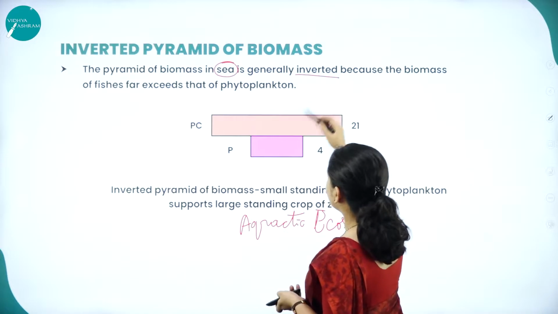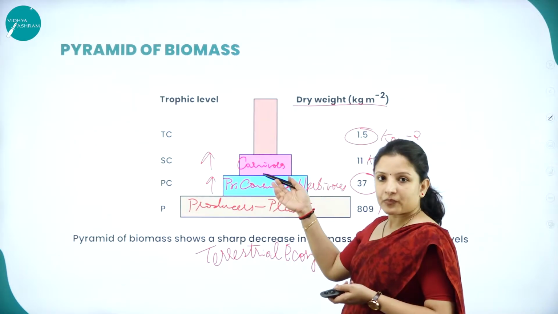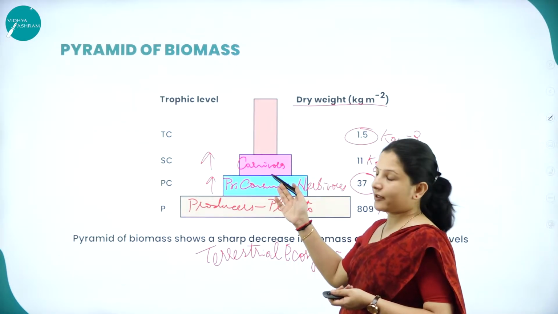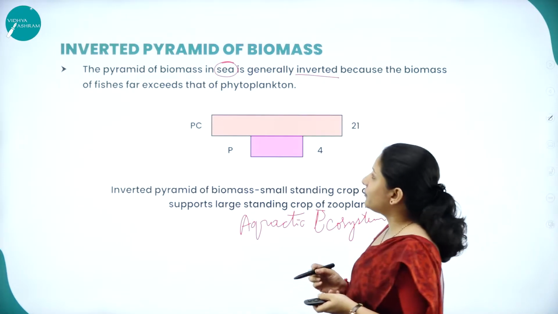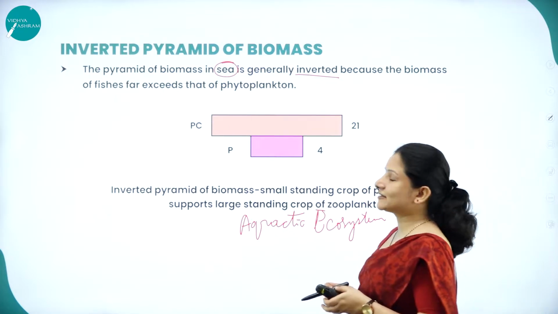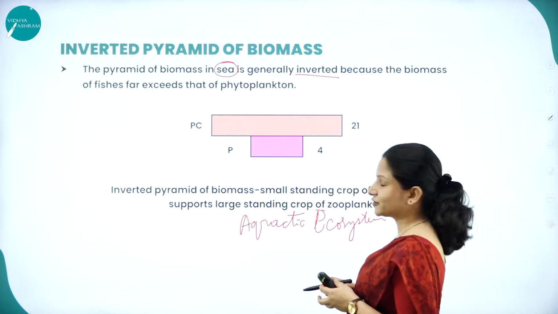Why is it inverted? Because it is the opposite of the pyramid of biomass of the terrestrial ecosystem. Can you see here? It is inverted because the biomass of fishes far exceeds that of the phytoplanktons. That is true, right?